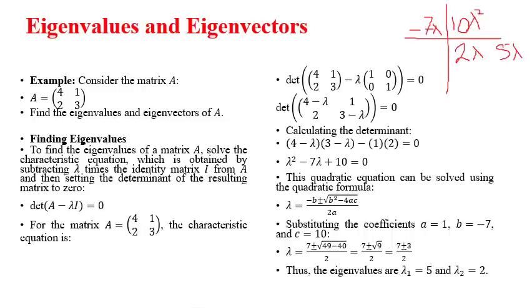So if you say minus 2 lambda times minus 5 lambda, it will give you 10 lambda square. Then if you say minus 2 lambda minus 5 lambda, it will give you minus 7 lambda.